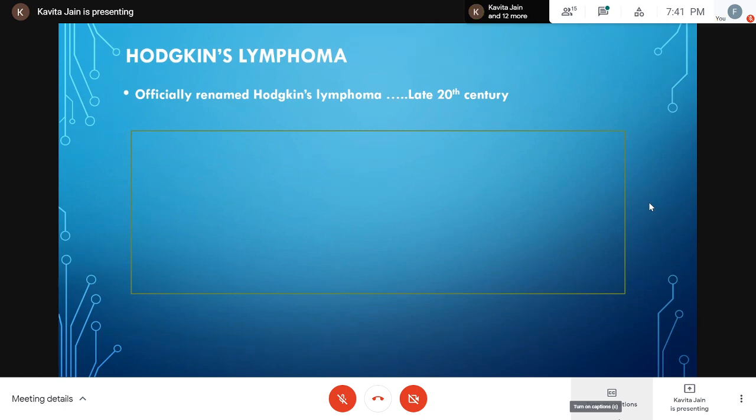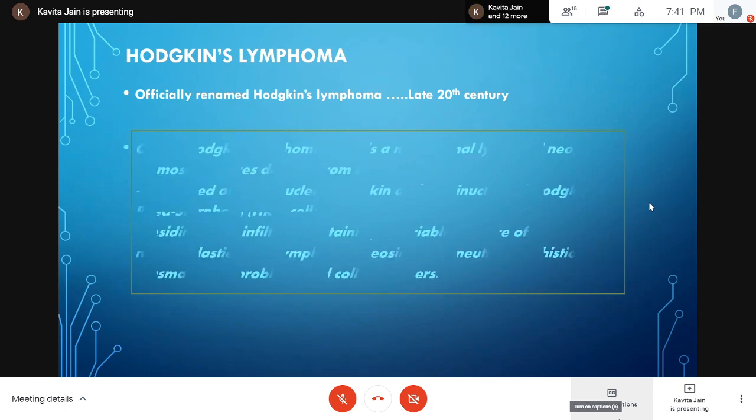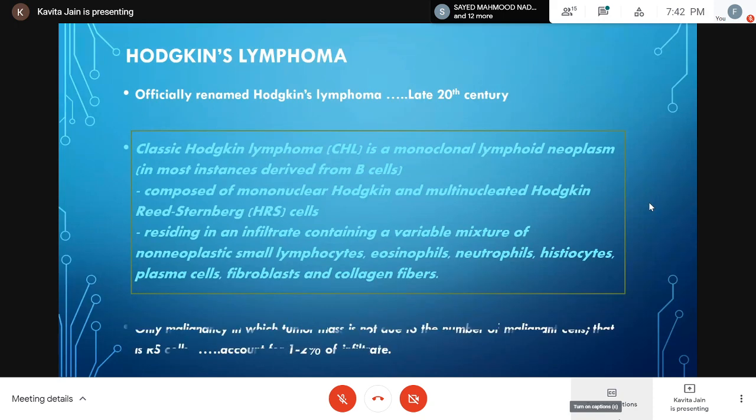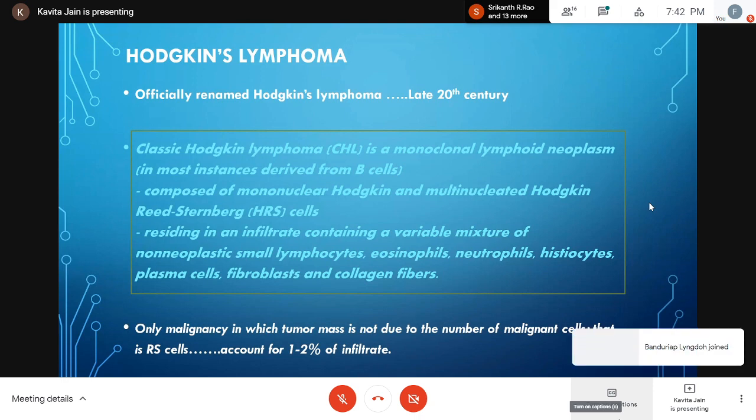So how do we define classical Hodgkin's lymphoma? It is a monoclonal lymphoid neoplasm, in most instances derived from B cells, composed of mononuclear Hodgkin's and multinucleated Hodgkin-Reed-Sternberg cells, residing in an infiltrate containing a variable mixture of non-neoplastic small lymphocytes, eosinophils, neutrophils, histiocytes, plasma cells, etc. These are the most important cells, but the background cells are even more important, because this is the only malignancy in which the tumor mass is not due to the number of malignant cells, that is the RS cells.